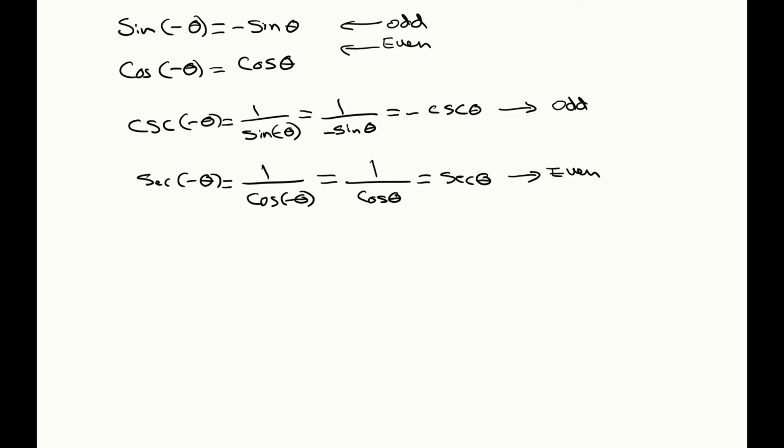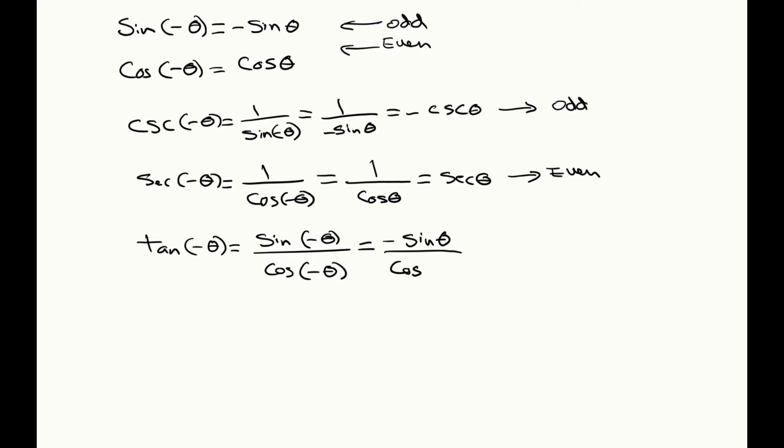As for tangent and cotangent, we can see that the tangent of negative theta is the sine of negative theta over the cosine of negative theta. Now we know the sine of negative theta is negative sine theta, and that the cosine of negative theta is cosine theta.